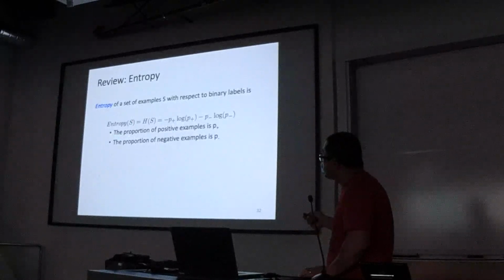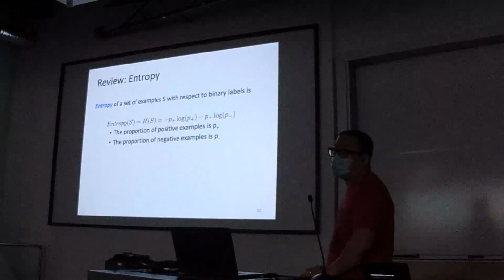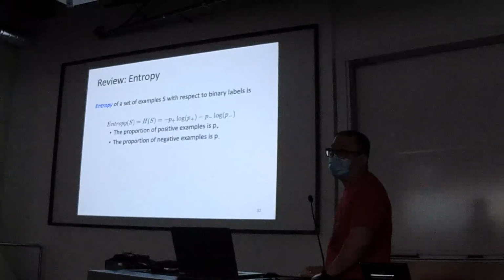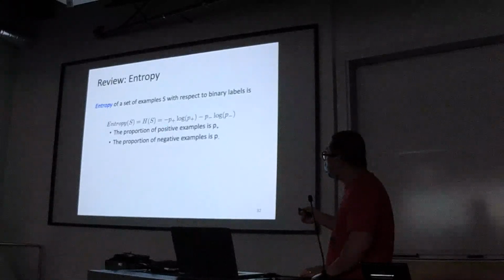We first calculate the proportion of positive examples, denoted by P plus, and the proportion of negative examples, denoted by P minus. P plus plus P minus is 1. The entropy is computed as minus P plus log P plus, minus P minus log P minus.